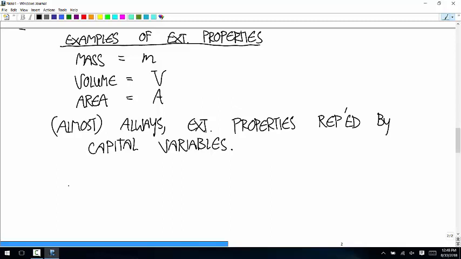Okay, intensive properties are anything that aren't extensive.